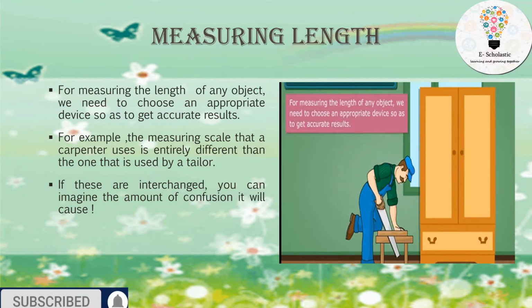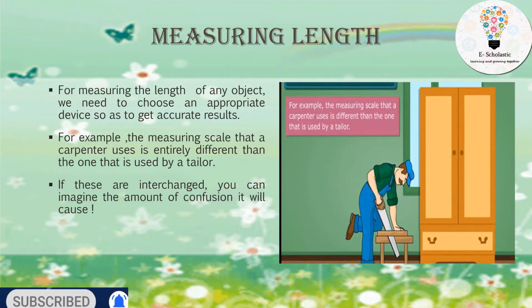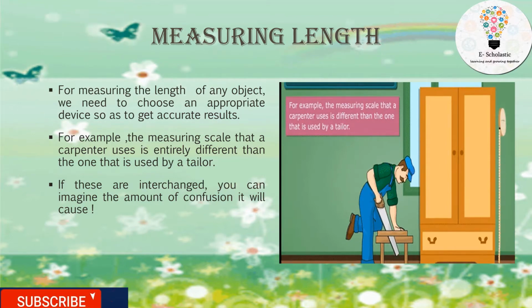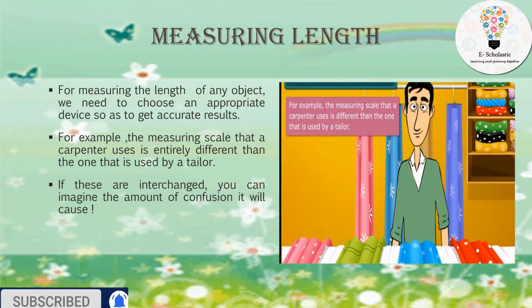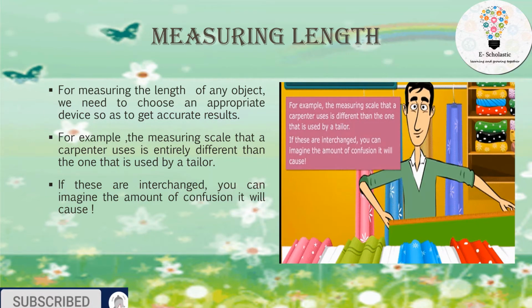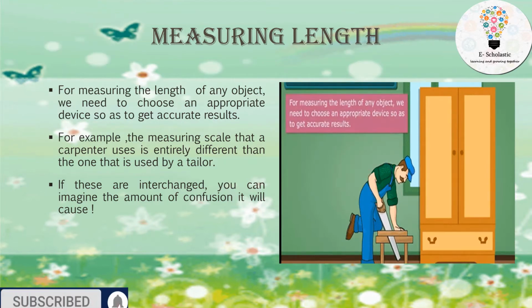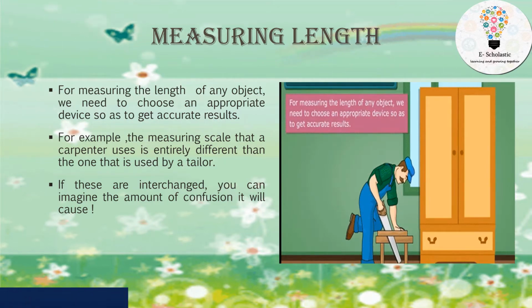After understanding the concept of measurements and various units that we use to define the measurement of the distance, let's now understand how we can measure the length. For measuring the length of any object, we need an appropriate device or instrument so that we can get accurate results.